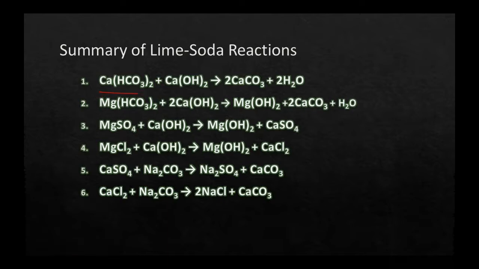So what are the reactions? Both of the temporary hardnesses combine with calcium hydroxide. They form precipitates in either the form of calcium carbonate or magnesium hydroxide. So that's a precipitate, that's a precipitate.